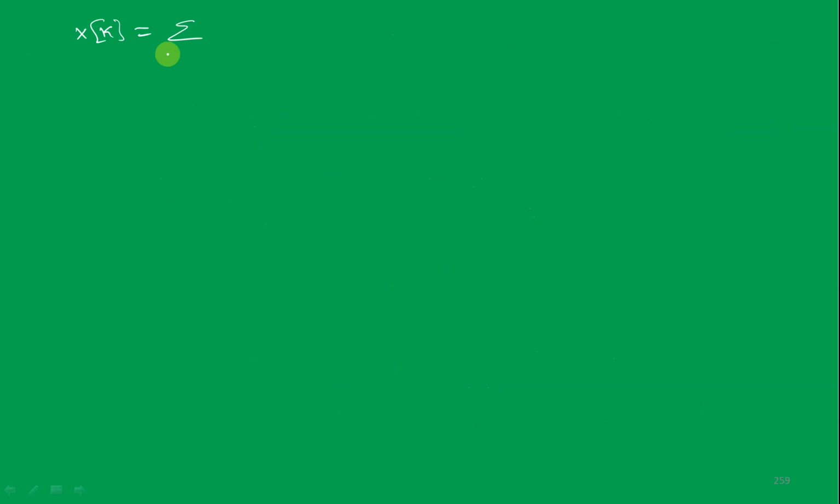summation n from 0 to 5 x of n W6 power kn. Here k range is 0 to 5. So now first expand this one.